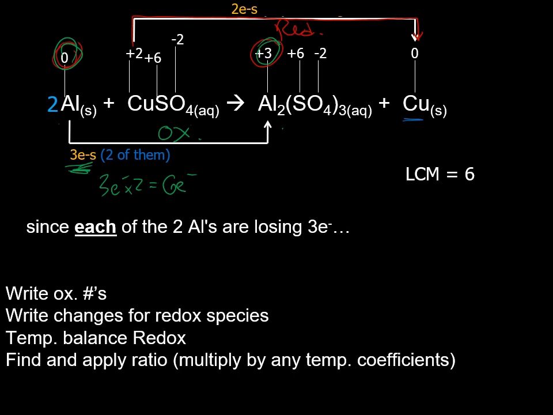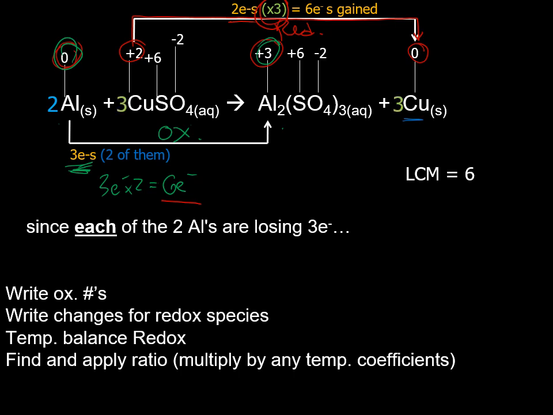For the copper, just to point that out, we're going from positive 2 to 0, so that is going to be the gain of 2 electrons. So we're dealing with 6 electrons and 2 electrons in order to get these 2 half reactions to happen. So the lowest common multiple there is going to be 6. We can apply a factor of 3 so that we have 6 electrons gained.